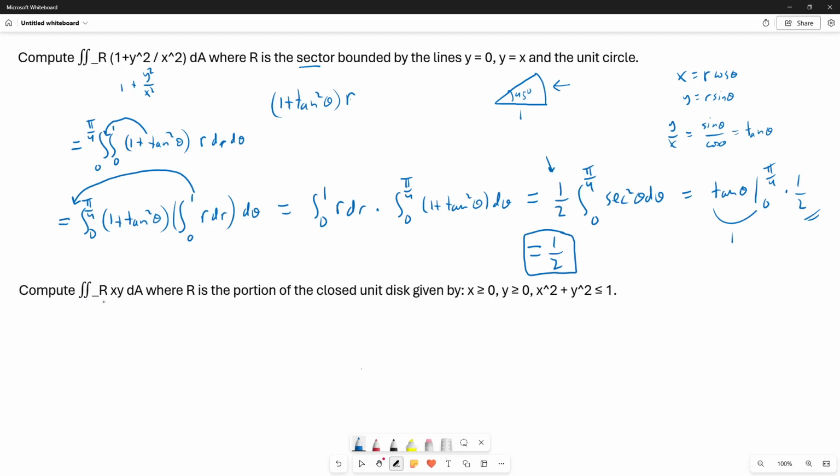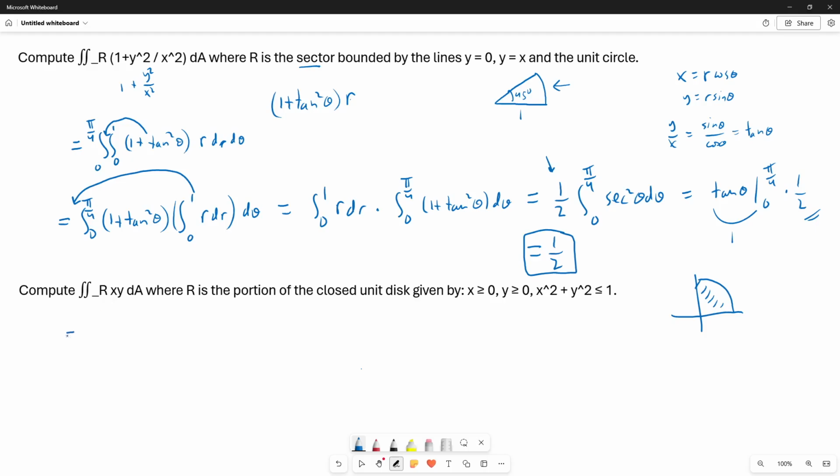Okay, let's see what happens here. In the second one, compute the double integral of xy, where R is a portion of the closed unit disk, where x is positive, y is positive, and so we have just in the first quadrant this quarter of the unit disk.